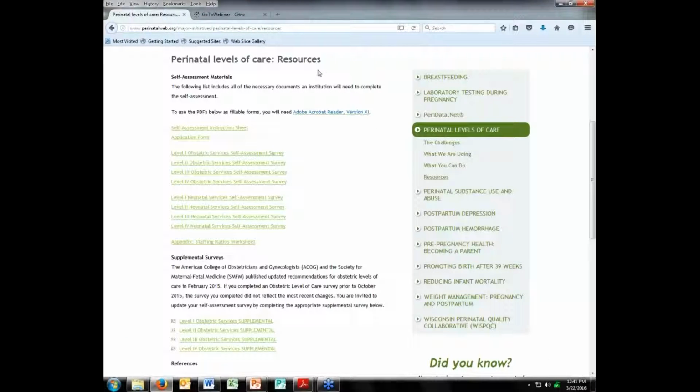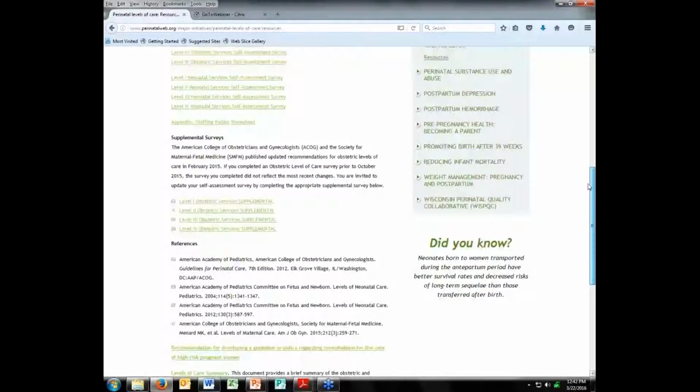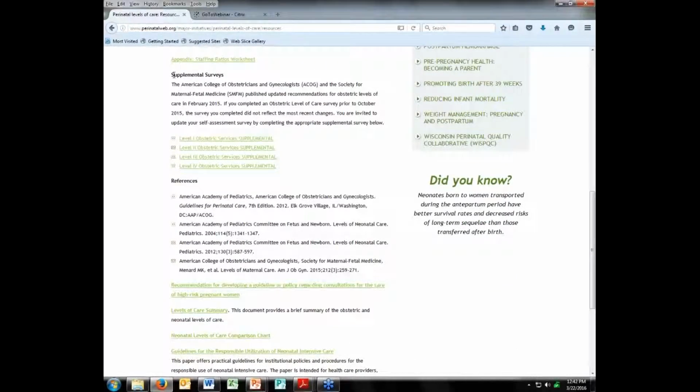Okay, so we talked about the self-assessment materials. Just beneath those main ones there, we have this section called supplemental surveys. Now, as you recall, there was a little bit of a time discrepancy between when the 2012 Guidelines for Perinatal Care was published and when ACOG and SMFM came up with the maternal levels of care.